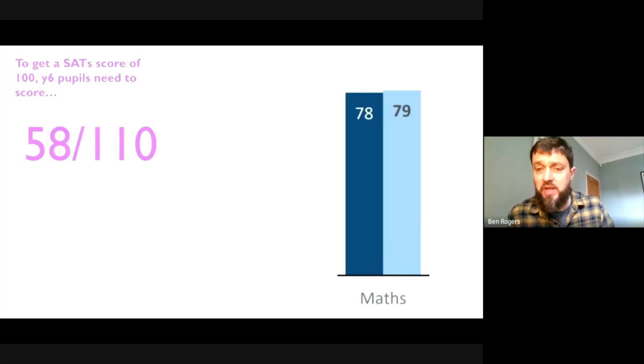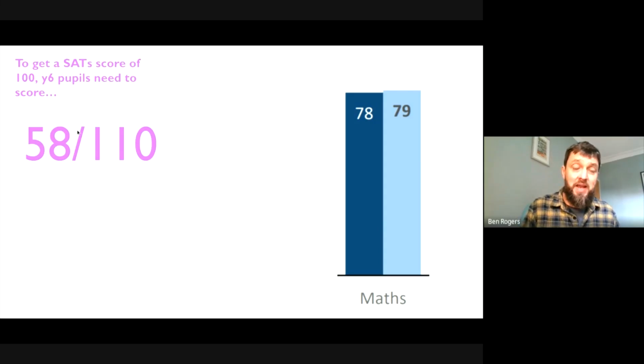Now, I just wanted to give you a sense of what percentage of those questions children have to get right to be considered at expected. At expected is a score of 100 in the SATs. Nationally, just under 80% of kids, girls and boys, are able to score at the expected level.